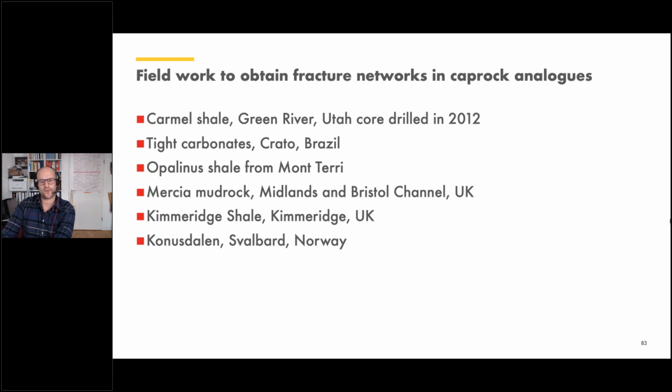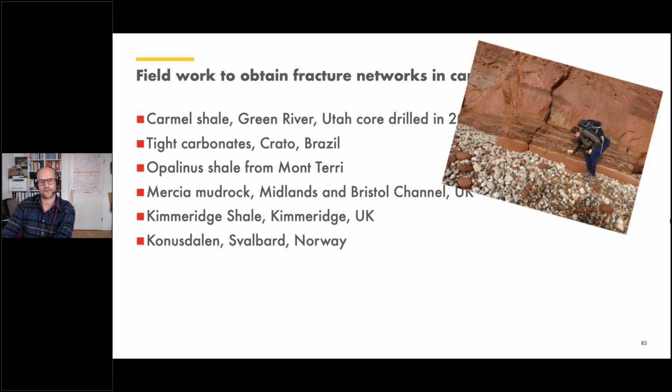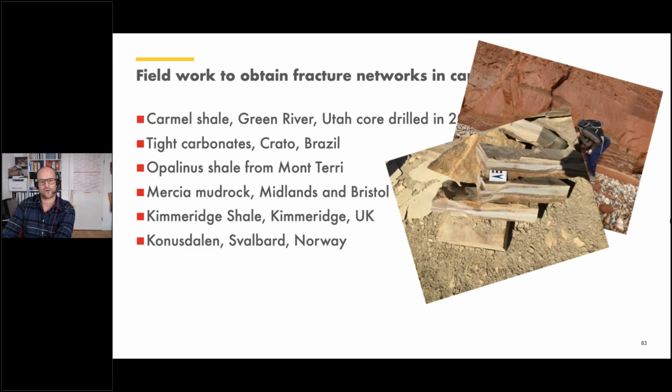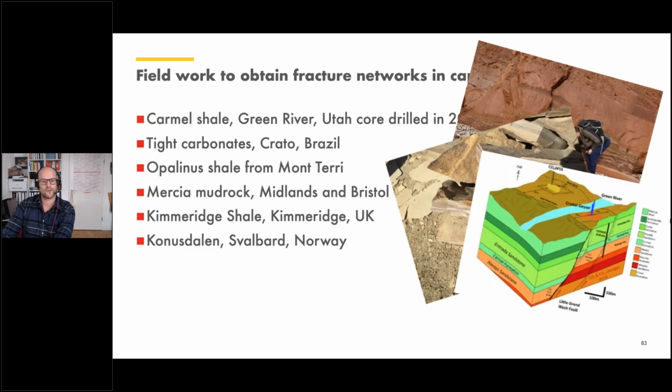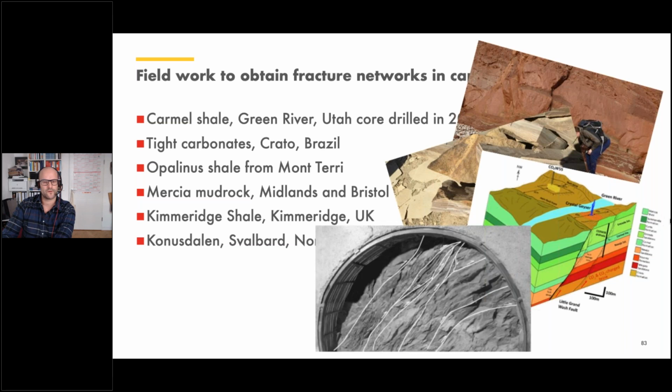Can you click a few times, because there's a couple of pictures coming just every second, like a click. So this is Mercer mud rock, Brazil carbonate. One more, please. This is the model of Green River in Utah, where we drilled the well. One more, please. This is a tunnel outcrop of the Opalinus shale, the main fault in the underground there.